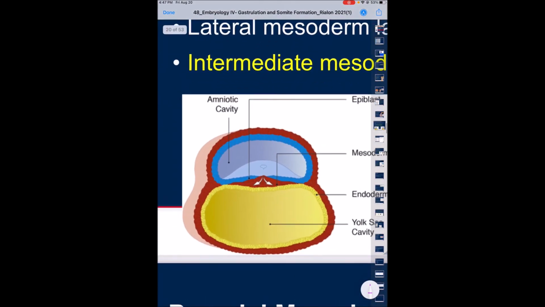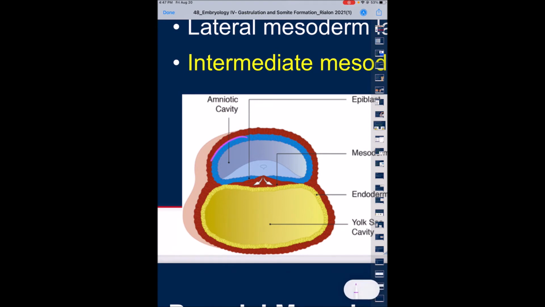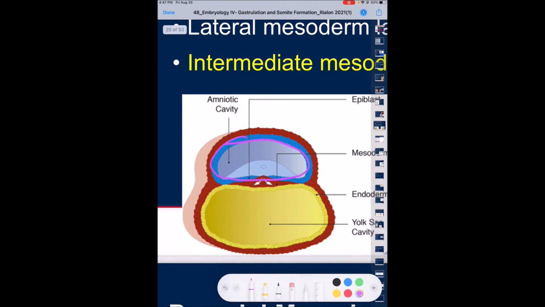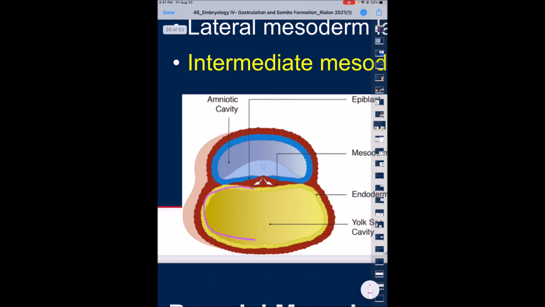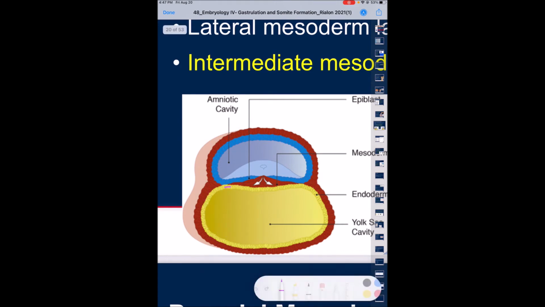At the end of gastrulation, you have your 3 cell layers. Blue is ectoderm, the yellow is endoderm, and the red mesoderm is in the middle.